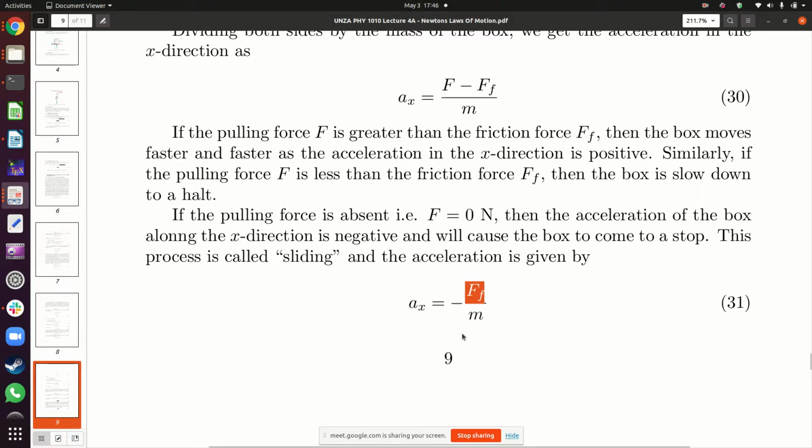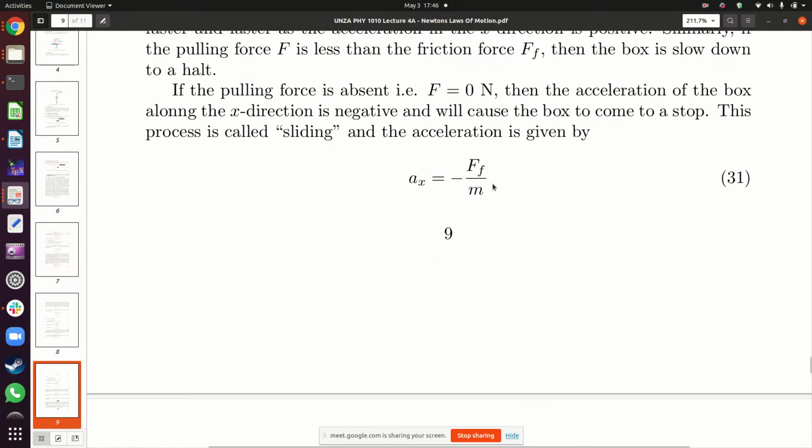With this small negative acceleration, if your object is sliding, the velocity of this object will reduce slowly, but it will continue reducing until this particular object comes to a stop. So normally, sometimes we'll ask you to find the stopping distance.